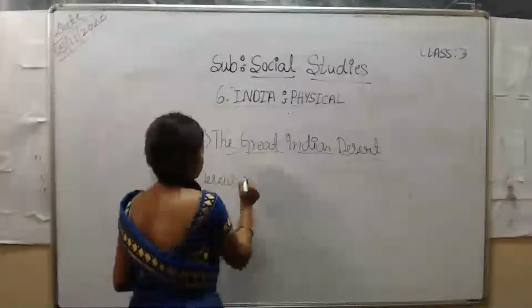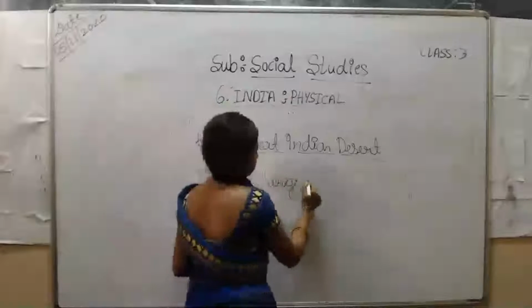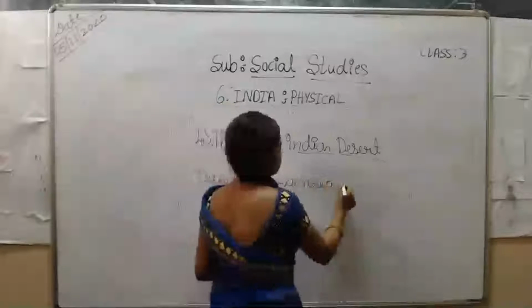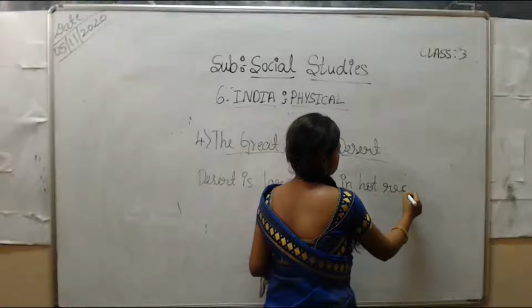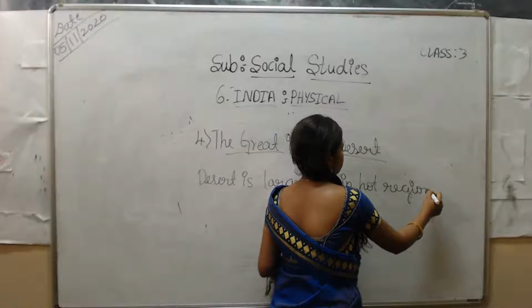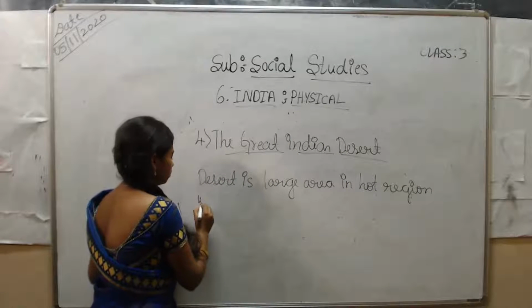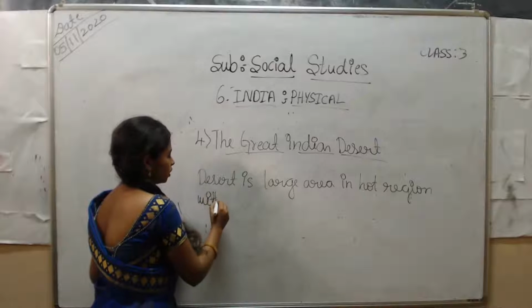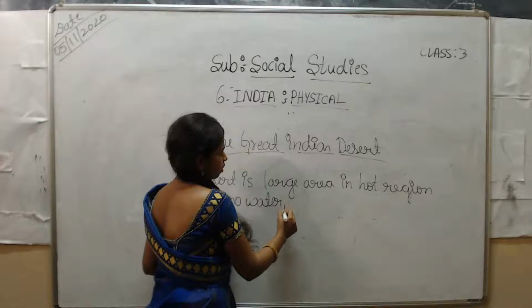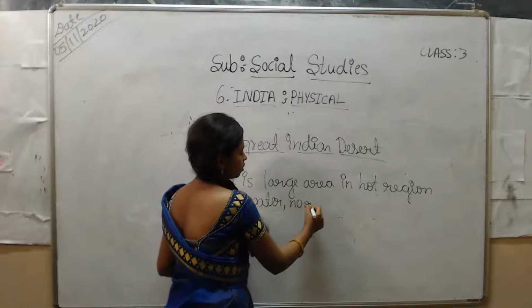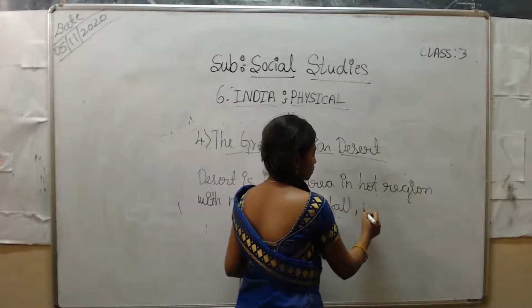Desert is a large area in a hot region with no water, no rainfall, no trees.